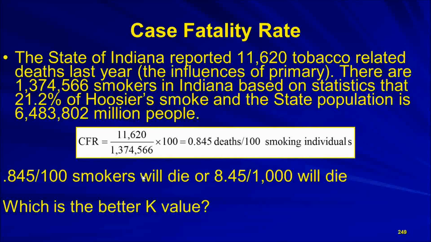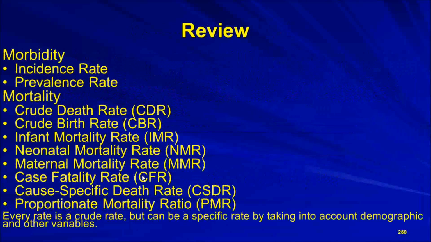So I leave you with those thoughts, and we're going to go through a quick review here of all the rates that you've learned thus far. Now you remember that every one of these is a crude rate. Now you can take this, and I'd use it as a test, and I would just sit there and write out formulas. And I'd write out the constants along with it, because you know the formula isn't complete without a constant.